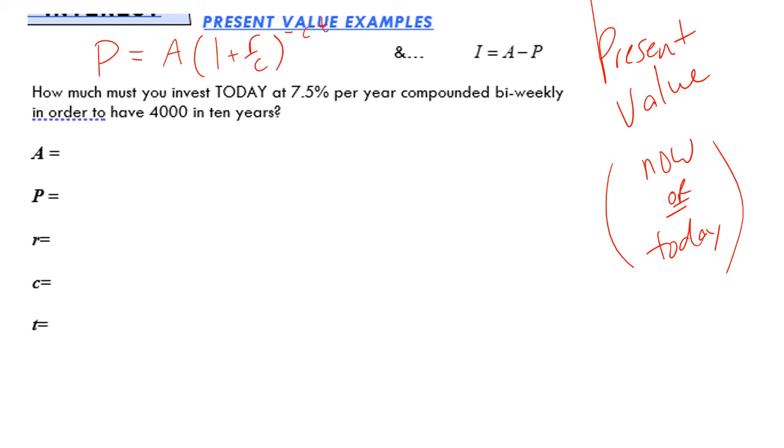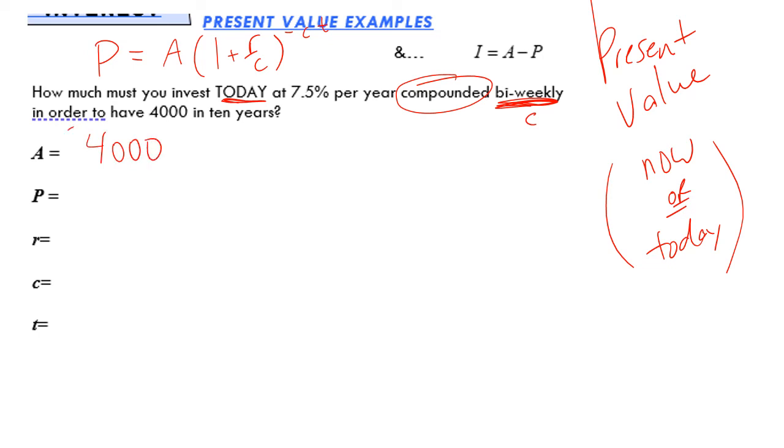So how much must you invest today? That's our visual cue that we're looking for present value, the P value, at 7.5% compounded. So that's how we know we're using compound interest formulas. Biweekly, that's always the C value, in order to have $4,000 in 10 years. So I want to have $4,000 in the future.